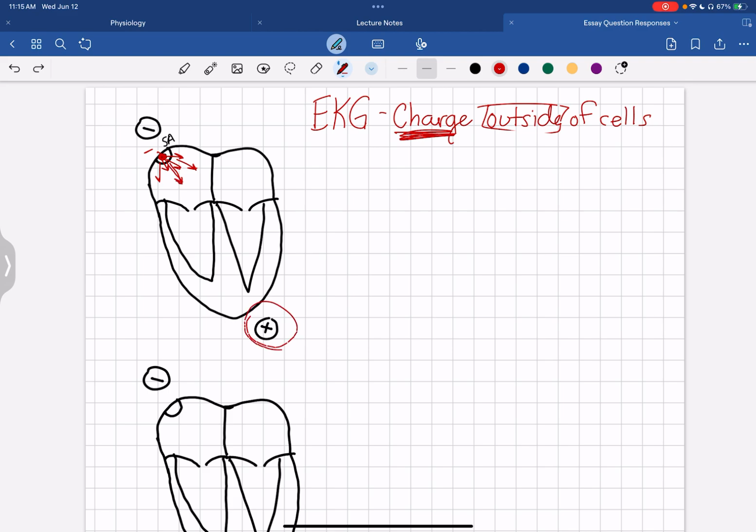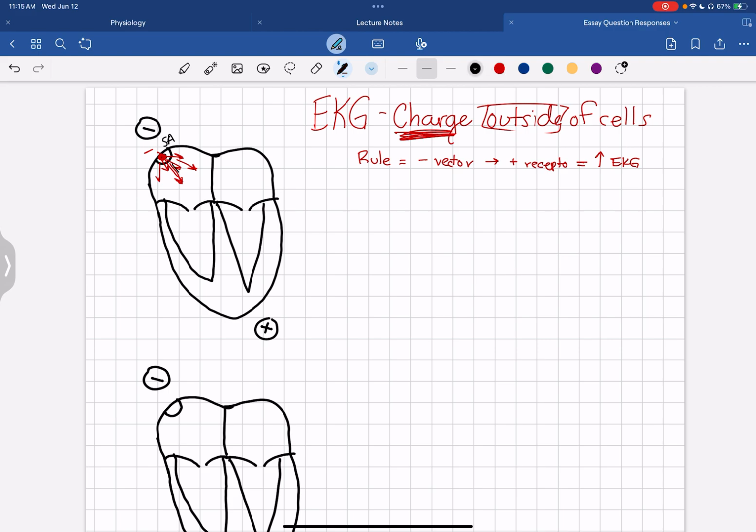And as they do that, they're going to cause a change in our EKG. The general rule is a negative vector towards a positive receptor will cause an uptick in the EKG. And the opposite is also true, obviously.